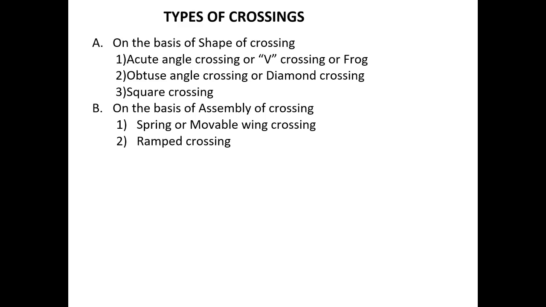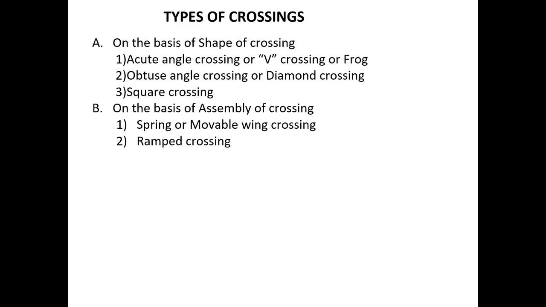First is the acute angle crossing, which is also called V crossing or sometimes rock crossing. Second is the obtuse angle crossing, which is also called diamond crossing. And third is the square crossing. All these three are classified in the category on the basis of the shape of crossing.